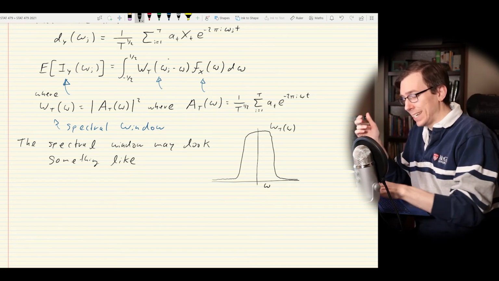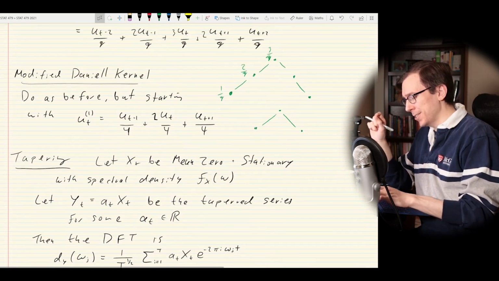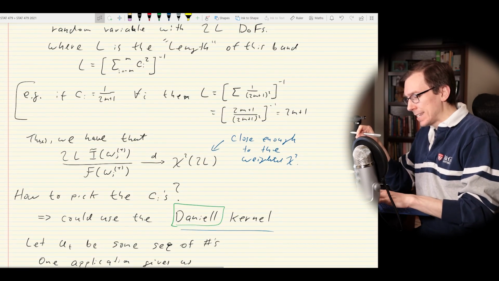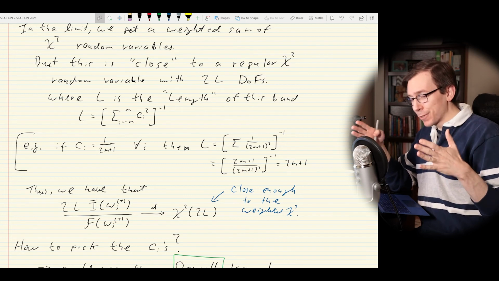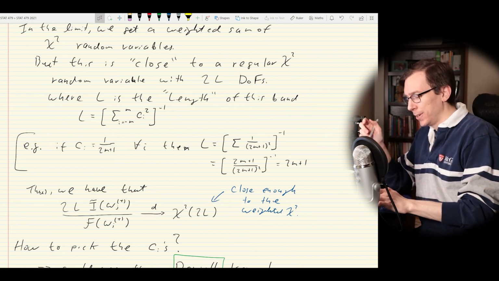Just to recall, because these things are all very similar, but also different, what we did before is that we compute the periodogram at lots of different frequencies, and then average together some local frequencies.